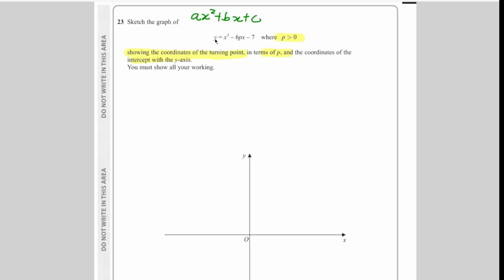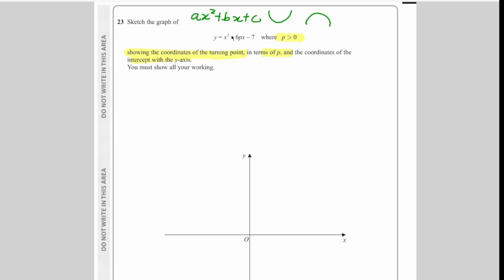So once you decide your curve is quadratic, next thing you have to decide whether it is happy face or sad face. This is happy because smiley, this is sad because crying face. How do we decide whether it is happy or sad?